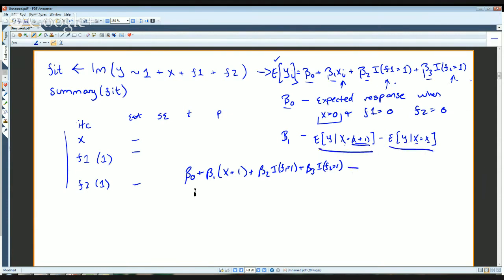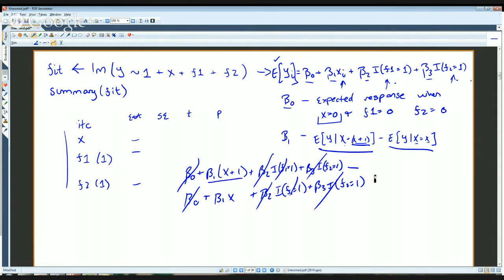So minus beta naught, and then now in this case x is equal to x instead of x plus 1, and then again this stuff again, beta 2 indicator f1 equal to 1 plus beta 3 indicator f2 equal to 1. Now if you look, when we subtract these two, that cancels out, that cancels out, those are the same. And notice this works out to be beta 1 times x plus 1 minus beta 1 times x, which is just beta 1.